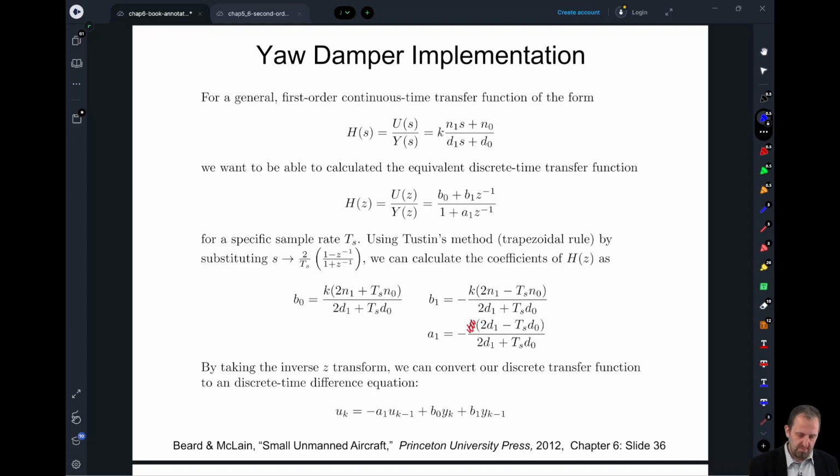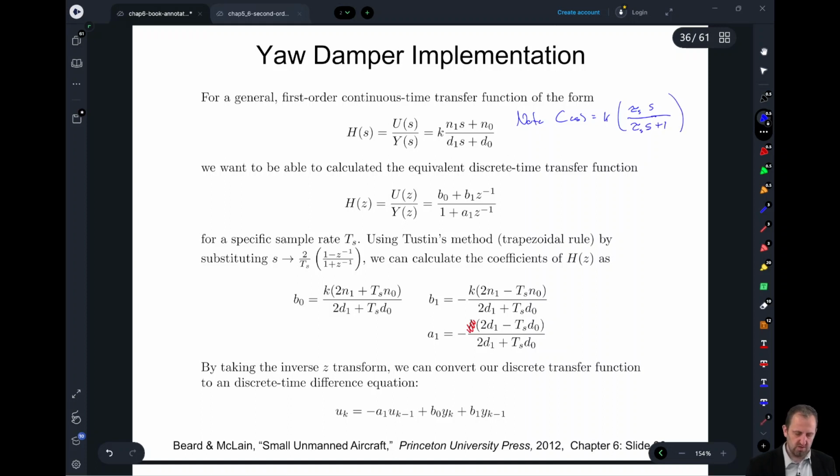And the yaw damper is just implemented as this transfer function that takes us from the output to our input, right? And one thing that I want you to note is that our control is very similar to this transfer function where we have K times tau sub s times s all over tau sub s times s plus 1.